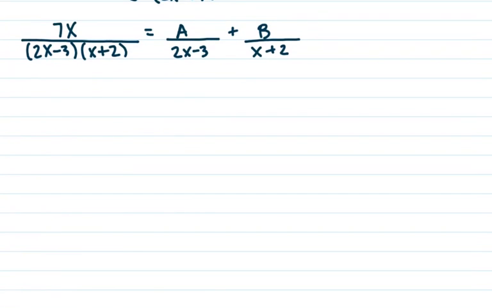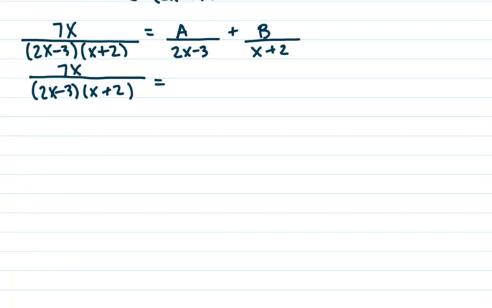Okay, so I'm going to do some setup work here. Alright, so I know that A is going to be multiplied by x plus 2 because that's what it's missing. B is going to be multiplied by 2x minus 3 because that's what it is missing.